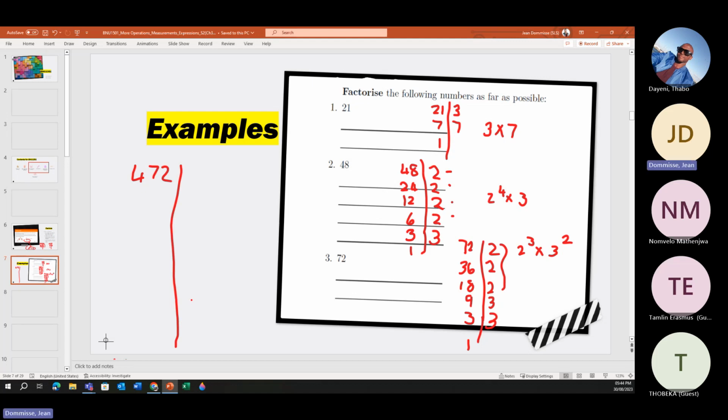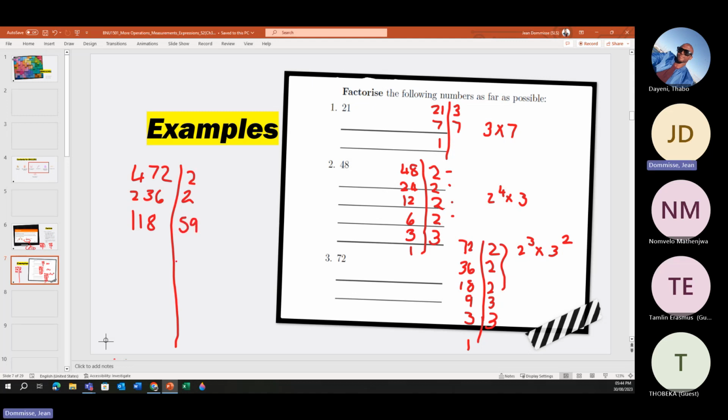We will again start with 2. So 2 goes into that 236 times. Then again, 2 goes into that 118. 2 goes into 118, 59.